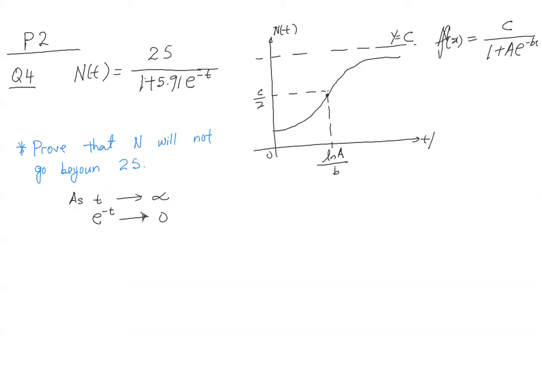Next one, and n(t) equals 25. So it's better for us to put this step. Can or not? Okay. Therefore, our n(t) will approach 25.